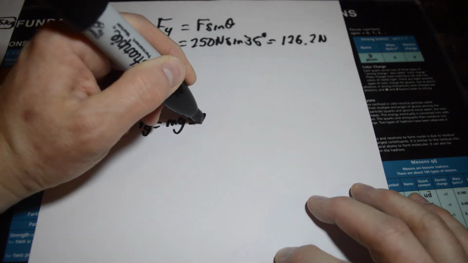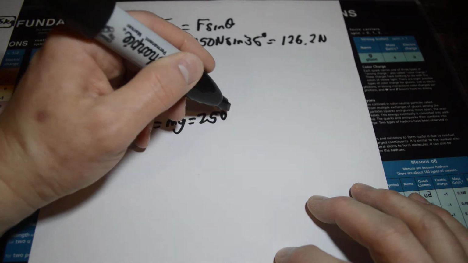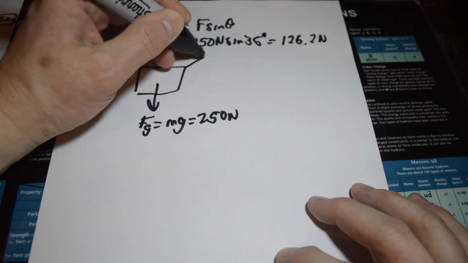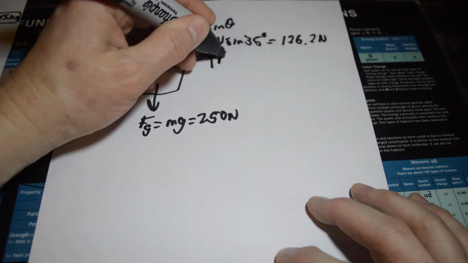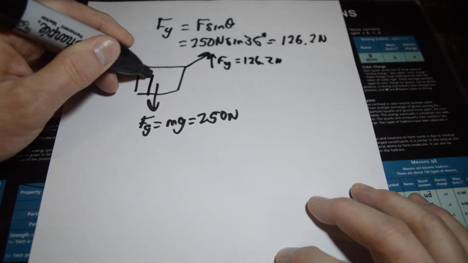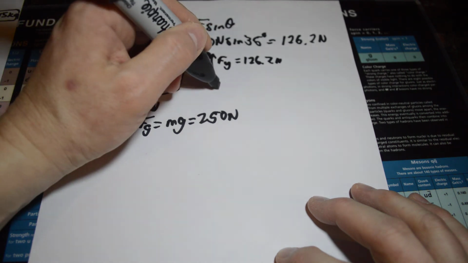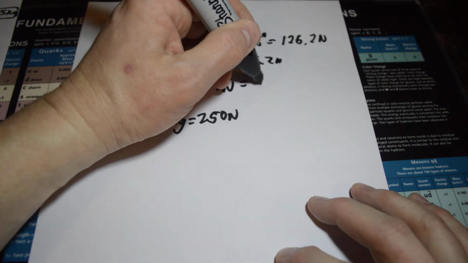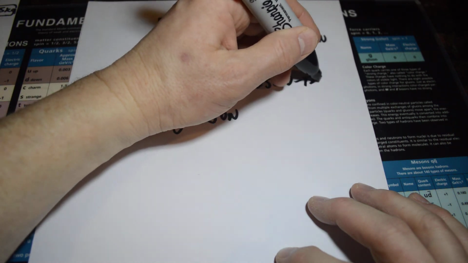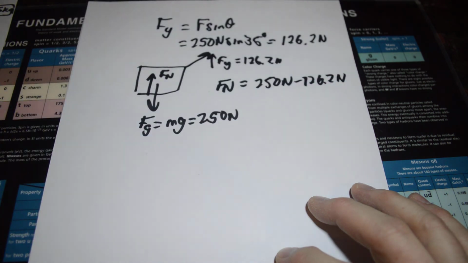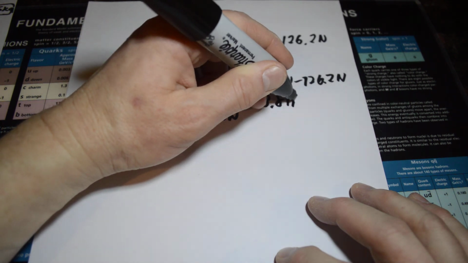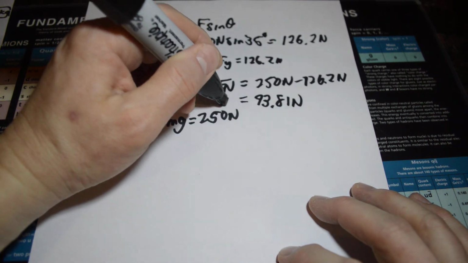If you took the 22.45 times 9.8, you get 250 newtons downward. We now know that there is a y component equal to 126.2 newtons, and the difference between that would give you the normal force. So I would go ahead and subtract 126.2 from 250, and that I believe is the normal force. If you do that, it's just under 100. It's 93.8 newtons. That's your normal force.